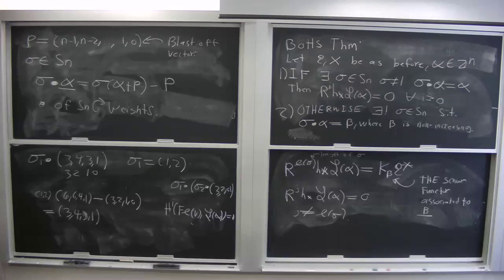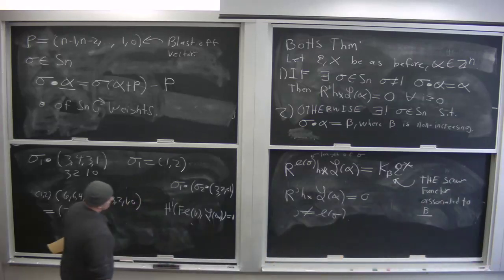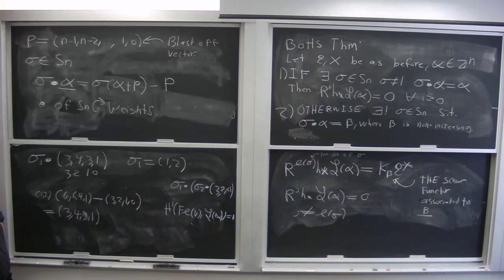Yeah, alpha is not the fixed point. The fixed point is sigma 2 of 3251.